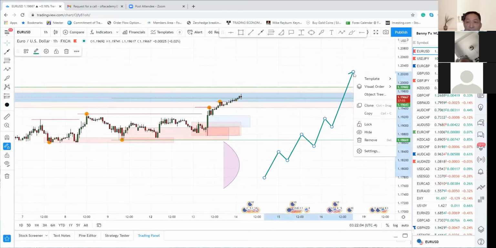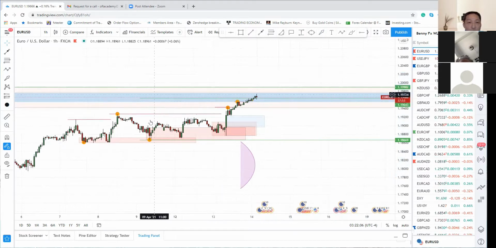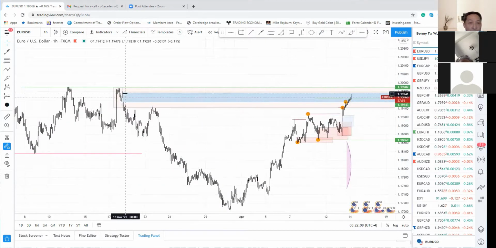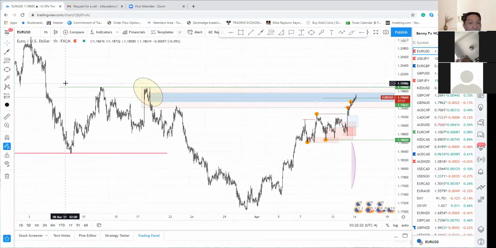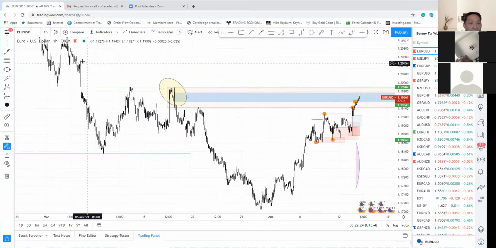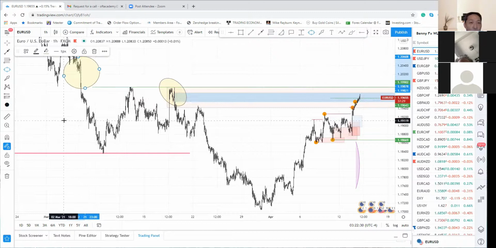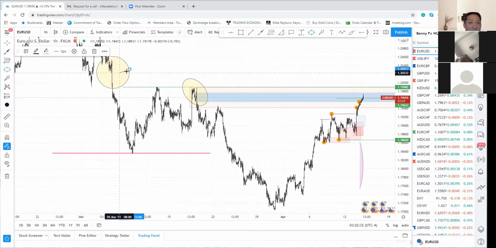So after the price has already filled these blue gaps here, which I showed you in this area, the price might even push up further to do some stop hunting above this double top, and there's another gap here. Can you see that? So there's a lot of incentive for Euro Dollar to move higher because they need to fill the gap.